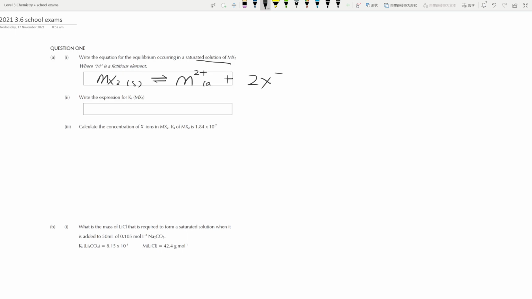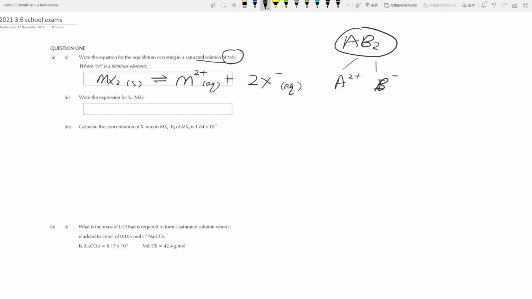Both of these are aqueous. So this is your typical AB2 type of sparingly soluble solid. It just means, when they dissolve, they separate into the two ions, and in this case, one is 2 plus, one is 1 minus.